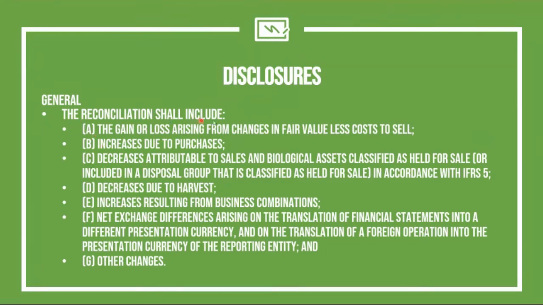So the recognition will show the following: the gain or loss arising from changes in fair value less cost to sell, the increase due to purchase, the decrease attributable to sales and biological assets classified as held for sale, the decrease due to harvest, meaning the degeneration because there is already harvest in the biological asset, increase resulting from business combination, net exchange differences arising on the translation of financial statements, okay, and other changes.